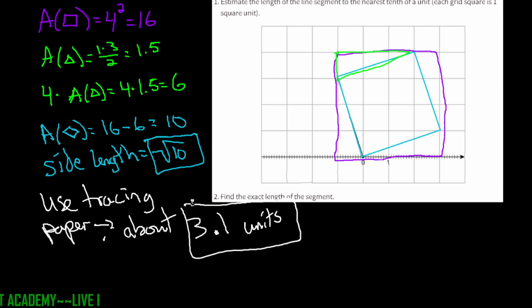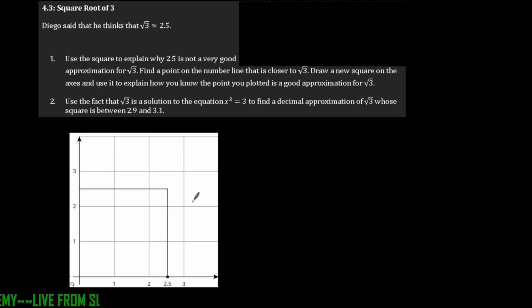All right. And that part number 3, we're talking about the square root of 3, and we're going to try to estimate and use our approximations to the best of our ability.